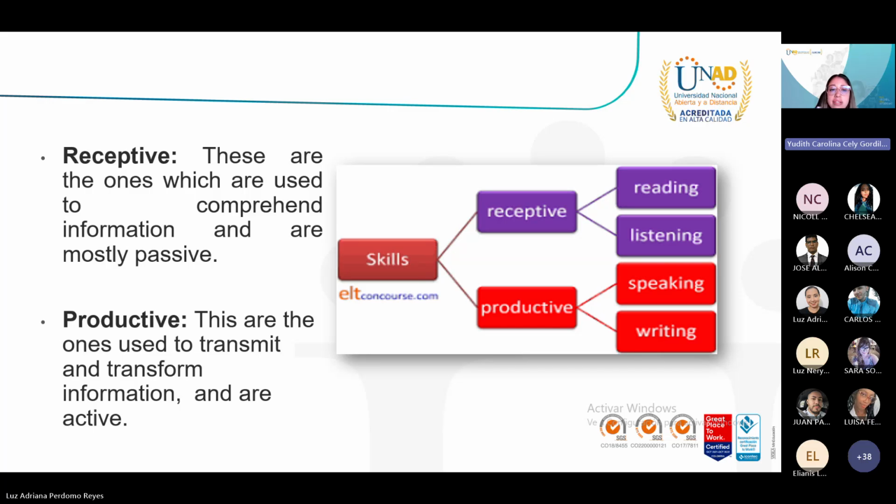The receptive skills you use to comprehend and receive information; this is mostly passive. The productive skills are about transmitting information; this is active. Reading and listening are receptive, passive. Productive is speaking and writing, the more active part.